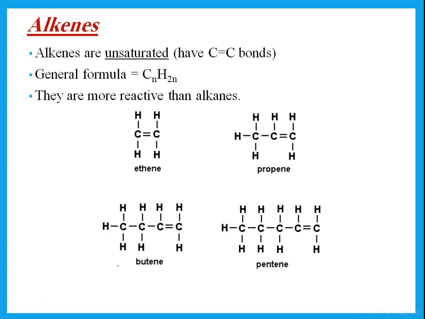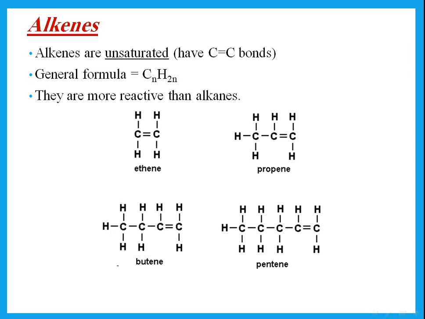Okay, what are alkenes? Again, alkenes are the ones that have a C double bond C. Because they have a C double bond C, we call them unsaturated. So if he says, why are they unsaturated? This is because they have a C double bond C. The general formula is CnH2n, and that means the number of hydrogens will always be twice the number of carbons.